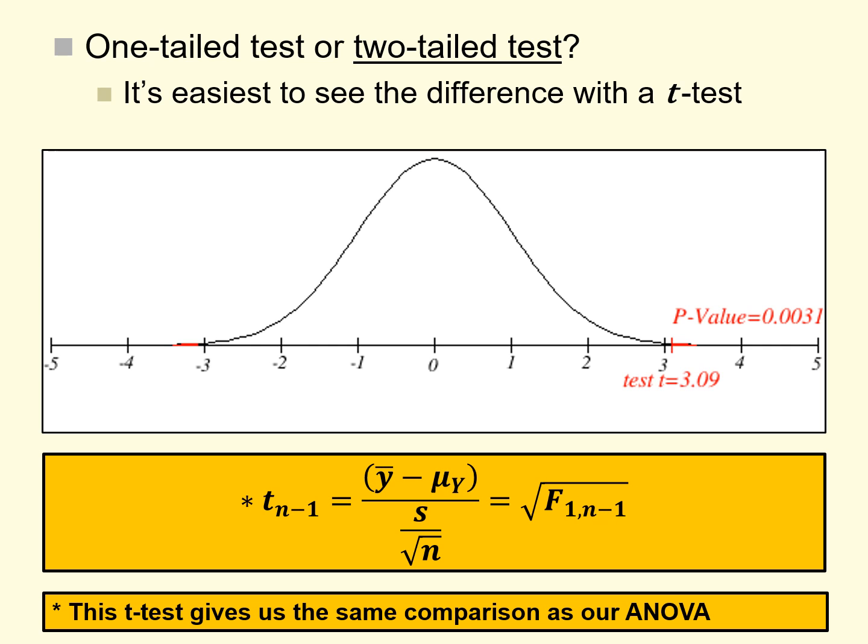And before you get worried about the fact that I've just suddenly switched from talking about F distributions and ANOVAs to t distributions and t-tests, don't worry, because in this case, where we're just doing a simple independent group comparison between two groups, a treatment group and control group, essentially, the value for the t statistic is just going to be equal to the square root of the value for the F statistic, and the probabilities associated with them are going to be the same. So for the purpose of this presentation, it's the same test. It's just a little bit easier to visualize with a t distribution than with an F distribution, for reasons that will, if they're not already obvious, become obvious in a few more slides.